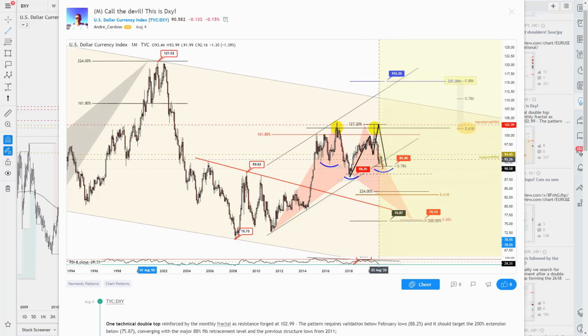I will not be surprised to see the price finding support, without breaking below that monthly fractal, using this price zone as a right shoulder, and then the market will trigger the pattern above these previous structure highs. Let's see if that will happen. For now, that's not what we are seeing. That's not what the price is suggesting. The price is suggesting more downside momentum.